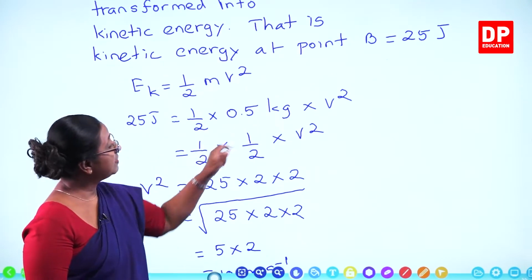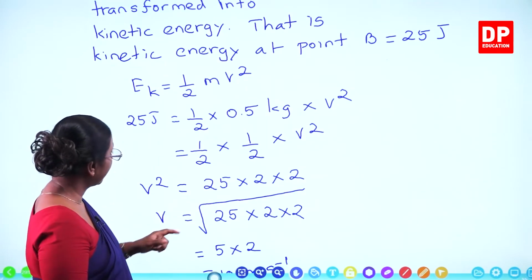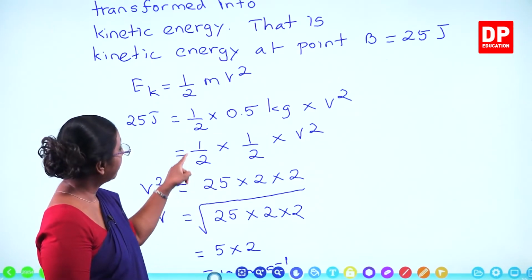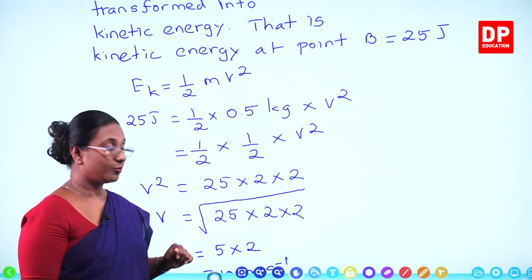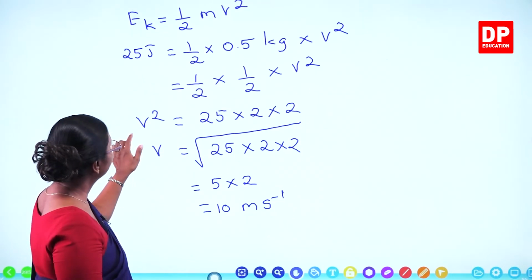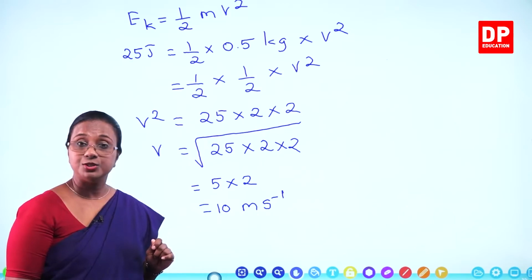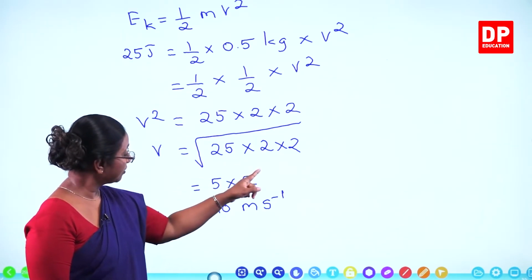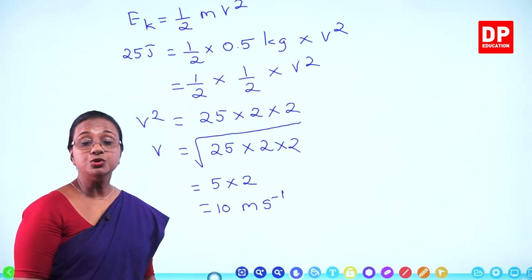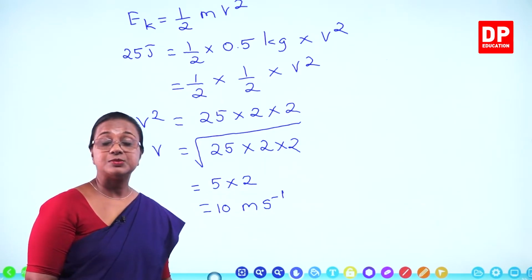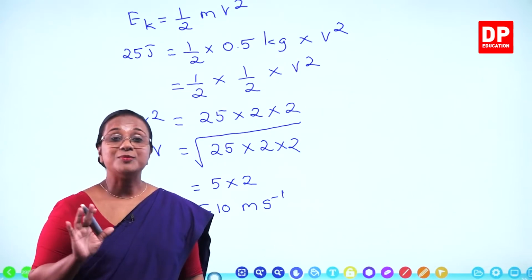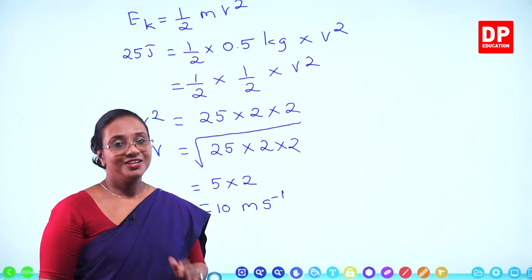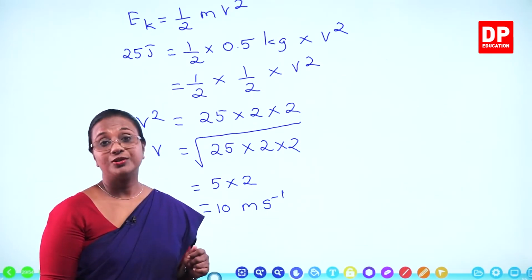Half into m is 0.5 into v squared. But for convenience, I use it as half itself. Half into half kilogram into v squared. So when you rearrange, v squared is equal to 25 into 2 into 2. If you get the square root, you get 5 into 2. So that is 10 meters per second. So I am sure students, you all can understand this calculation easily. So with that, I am going to move on to the next slide.